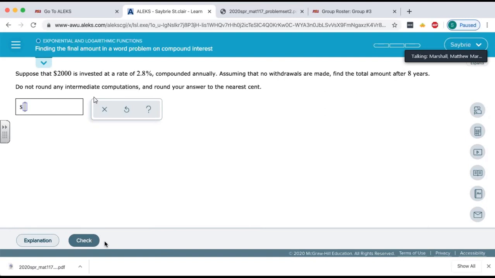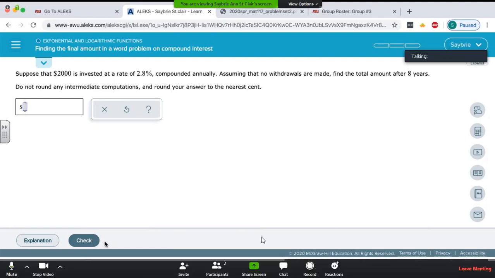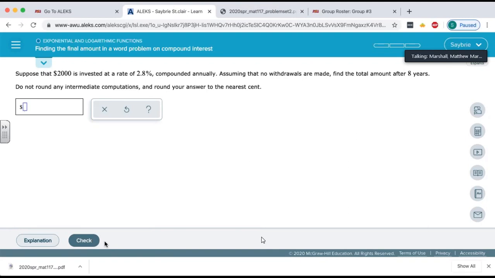And then the number of times it says compounded annually, so that means once a year. That's 1. And then NT would be that one time times 8. So now it's just up to you to type all that in. Let's see if I can take a picture of that.